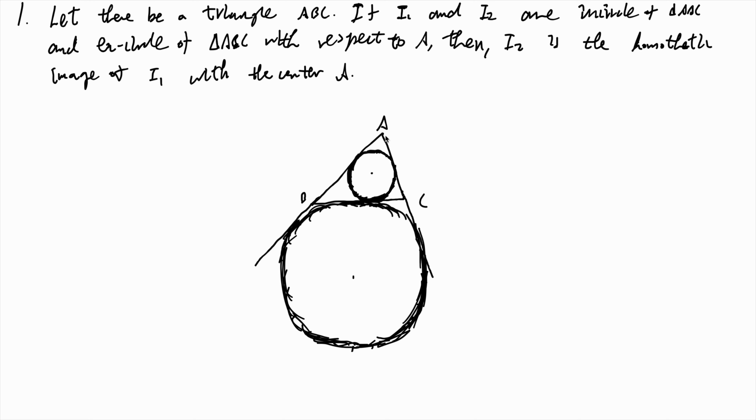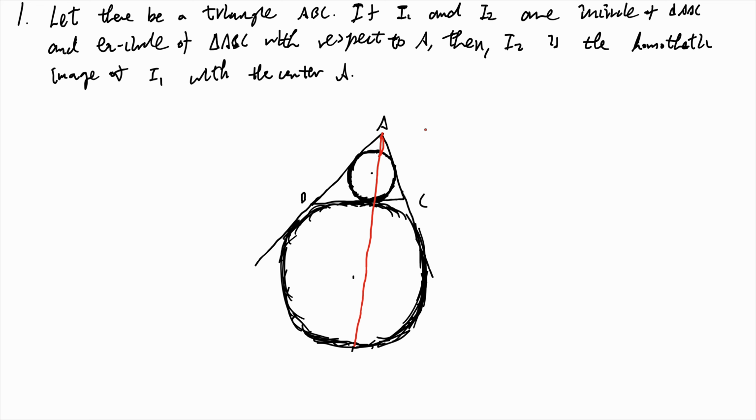So let's draw a line like this, then this ratio to this ratio is the same as this ratio to this ratio, and it is also the same as this ratio to this ratio, and this is also the same as this ratio to this ratio.